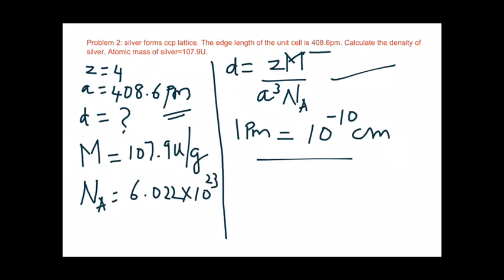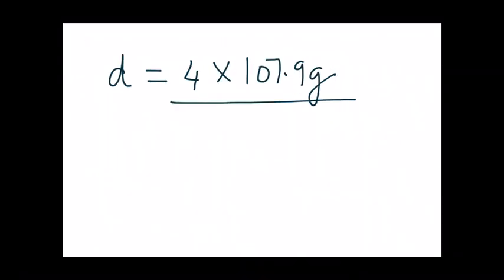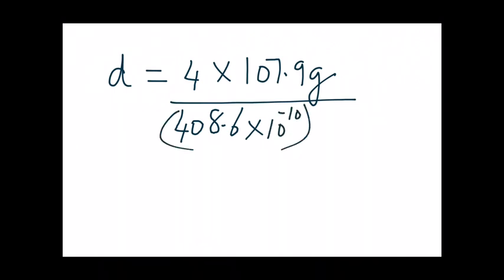We have to convert it into centimeter. 408.6 into 10 raised to minus 10 centimeter, the whole cube, into Avogadro number 6.022 into 10 raised to 23.